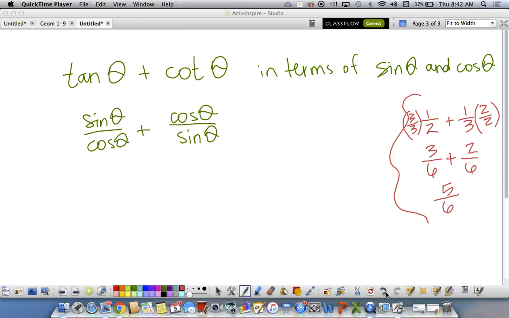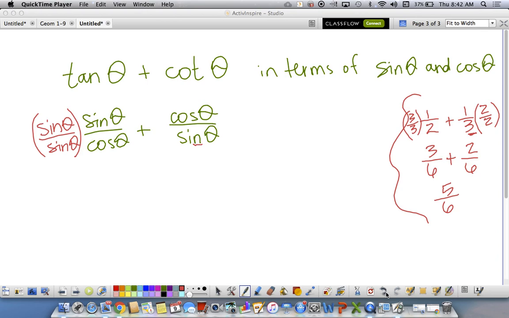Okay. So now, sine and cosine. There's nothing in common. What do we do? Take this denominator here, multiply it by the other side: sine theta over sine theta.